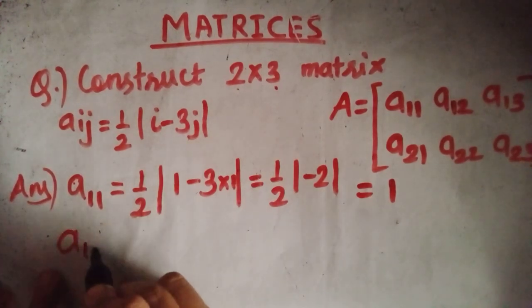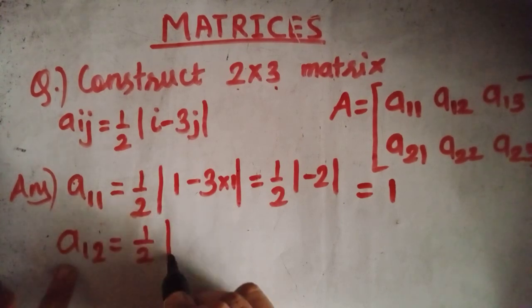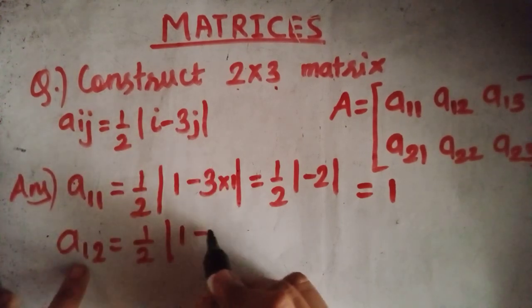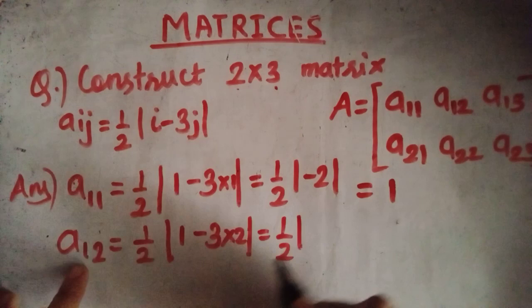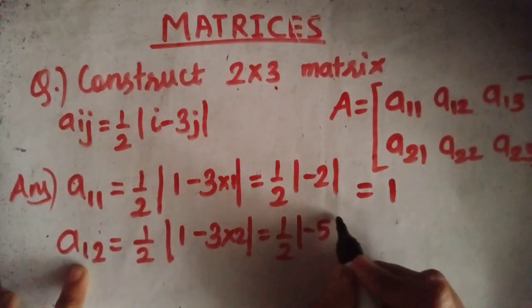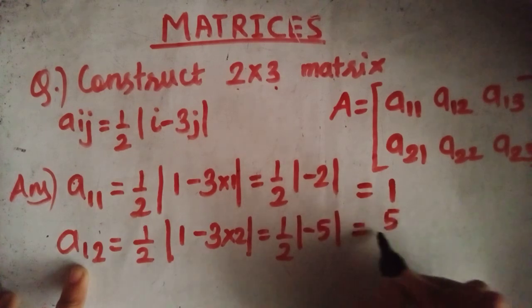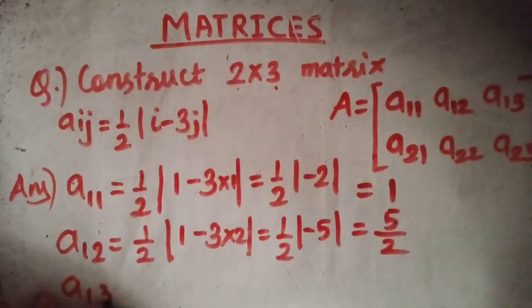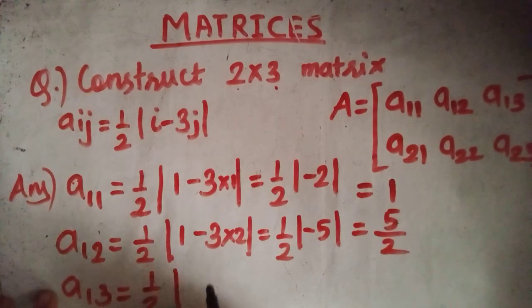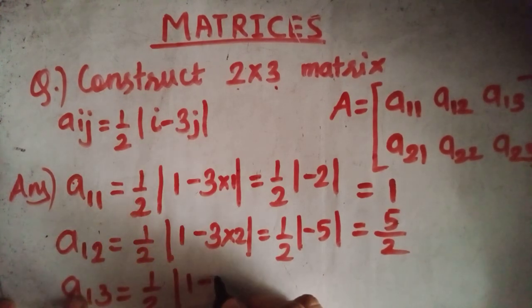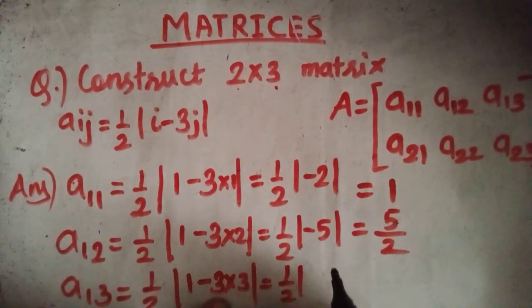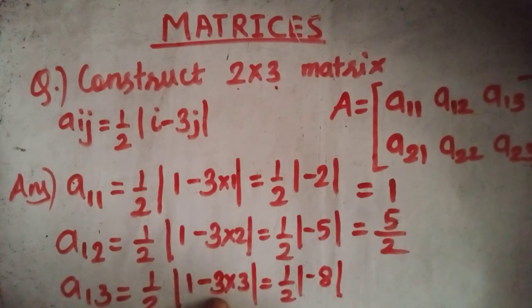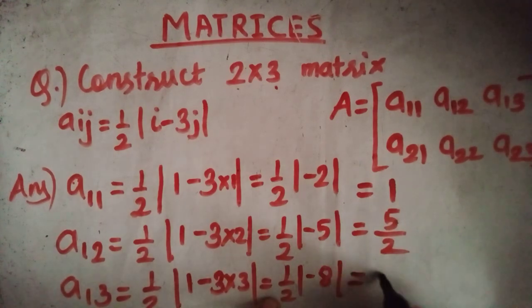Let us write A12: half, j is 2, so 1 minus 3 into 2. It will be 1 minus 6, which is minus 5. So 5 by 2. Then A13: half, 1 minus 3 into 3. It is 1 minus 9, which is minus 8. Out of the mod you will get plus 8, so 8 by 2, which is 4.